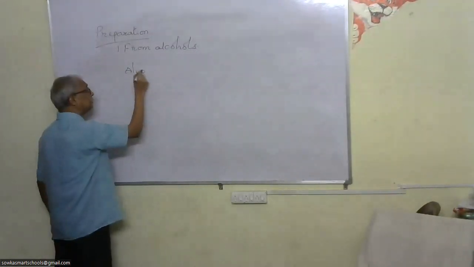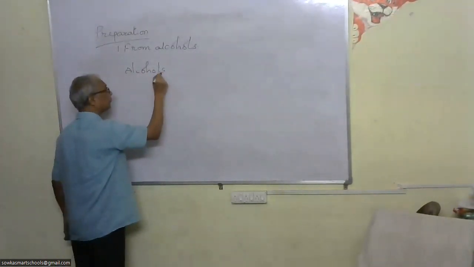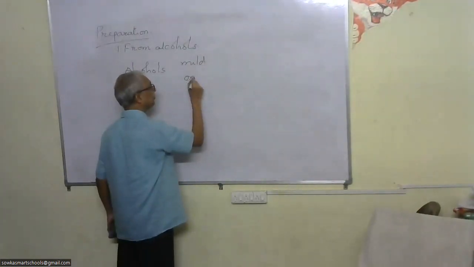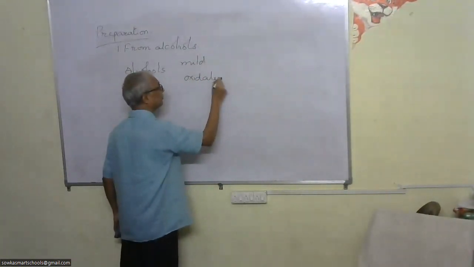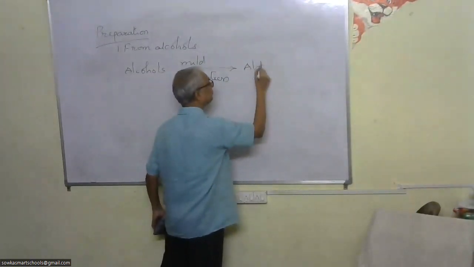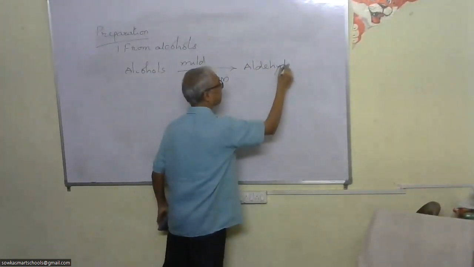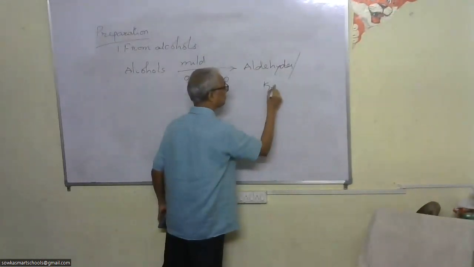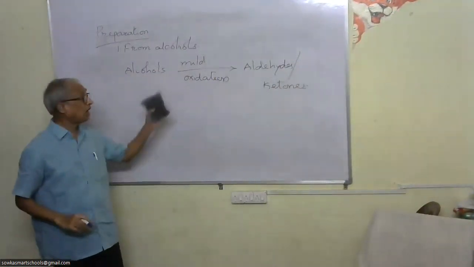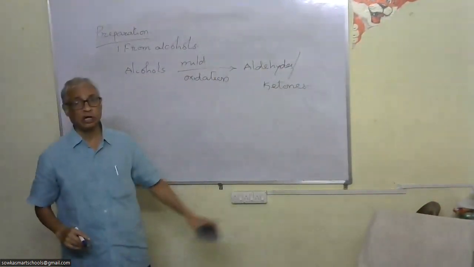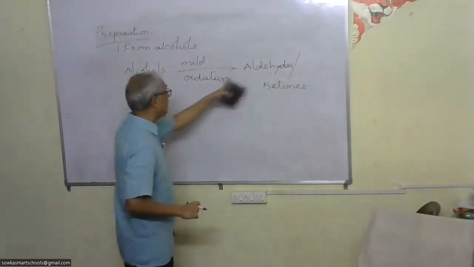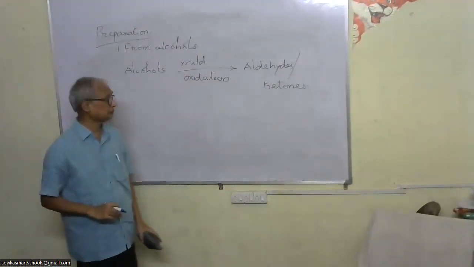Alcohols on mild oxidation give aldehydes or ketones. I'll explain which kind of alcohol will give aldehyde and which kind of alcohol will give ketones. But alcohols on mild oxidation will give you aldehydes and ketones.